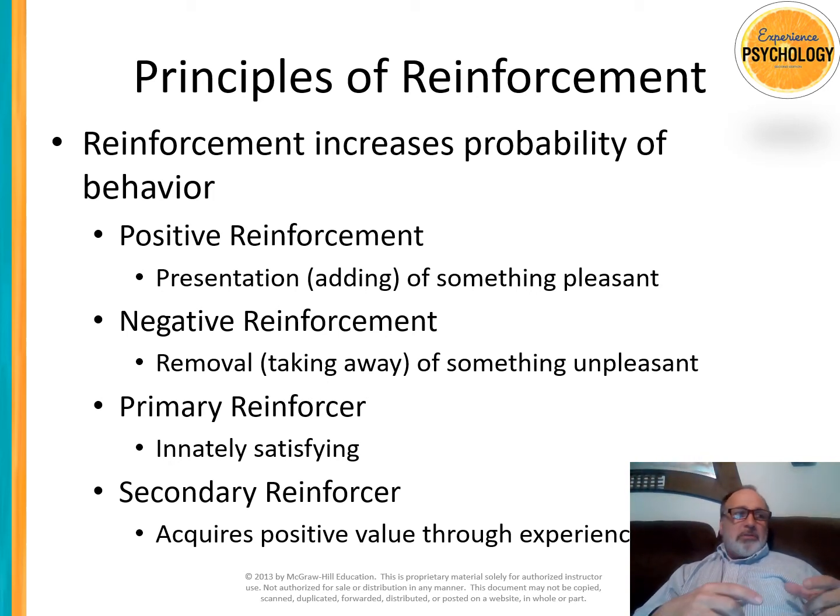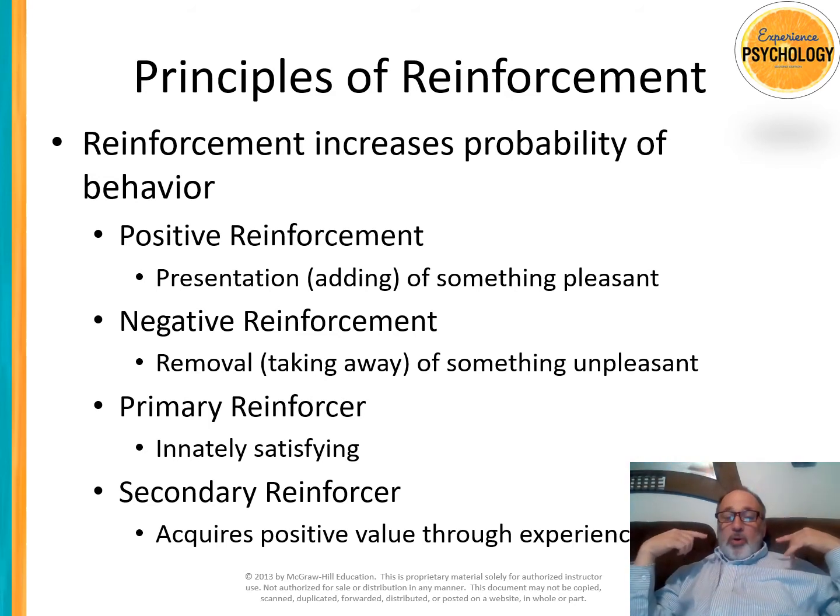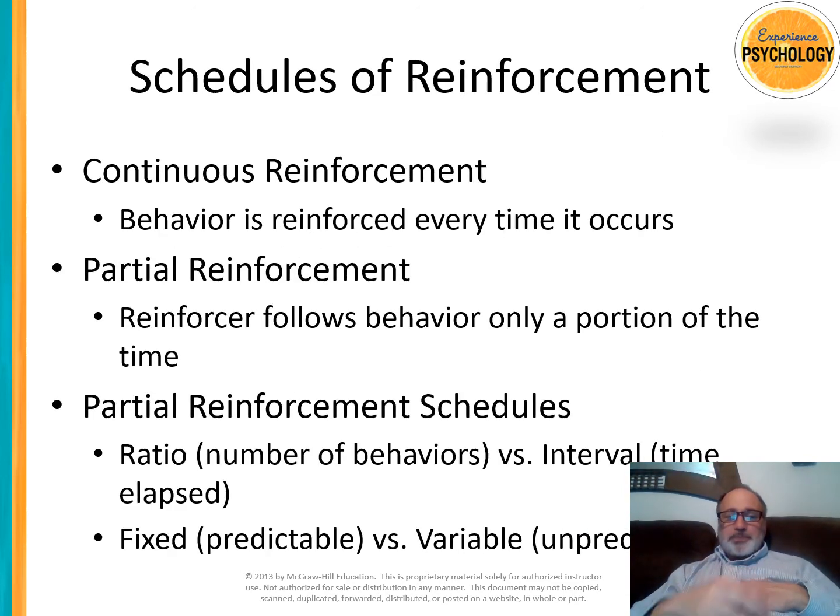Little kids get coins in school, in grammar school, and they're able to turn in these coins for things later. Those would be secondary reinforcers. A primary reinforcer for them would be candy. They have to learn that these coins, the secondary reinforcer, can get them a primary reinforcer. So that's why it has that effect.